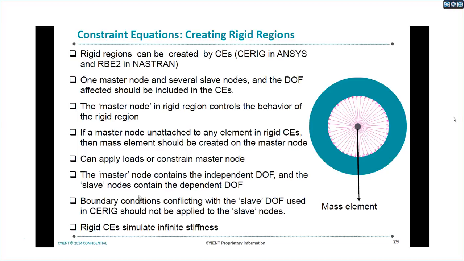The master node contains the independent degrees of freedom, and the slave nodes contain dependent degrees of freedom. So this master node will have independent degrees of freedom. That means it is not dependent on any other thing, and it will guide other slave nodes. They will have dependent degrees of freedom, so they will take degrees of freedom from the master node and interpolate as per the equation.